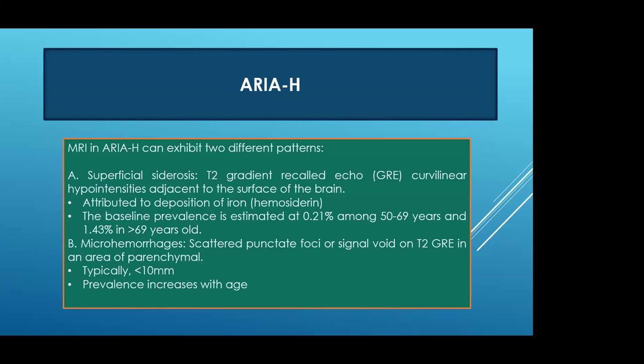And just important to know, the prevalence of these increases with age. Just to give you an example, around 60 to 69 years old, probably 17% or around that number, will exhibit microhemorrhages already. But that number goes up to 36% in those between 80 and 97 years old.